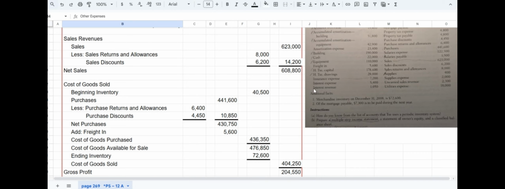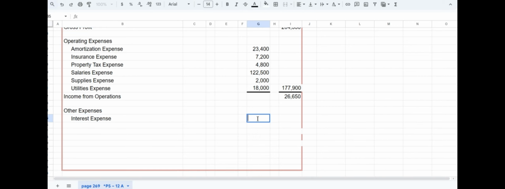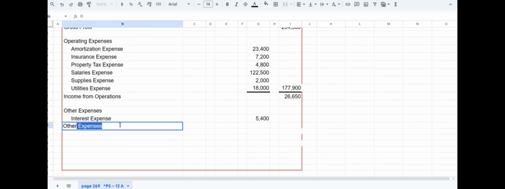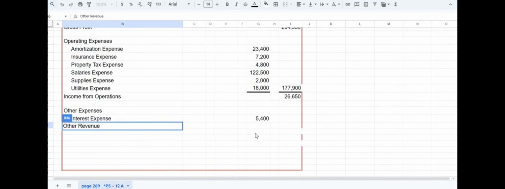Now we can take a look at other expenses. So all we've got really is interest expense for other expenses, which is 5,400. And this time we're going to put it in the third column because we also have other revenue, which is 1,050 for interest revenue.